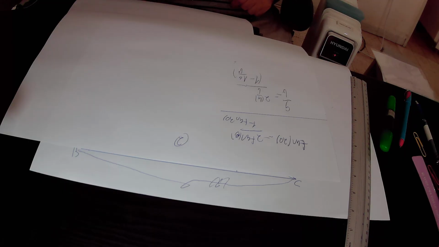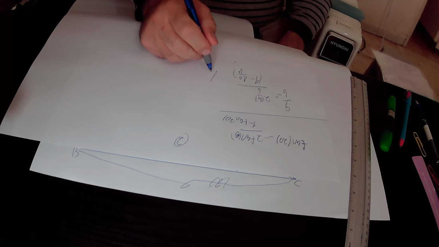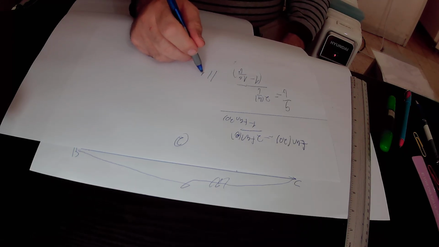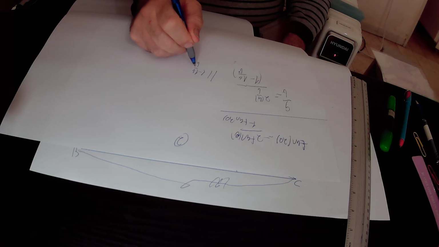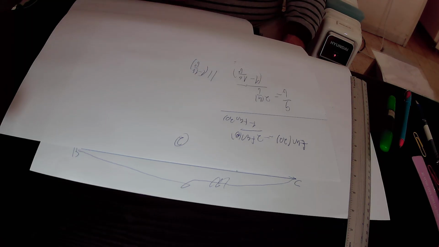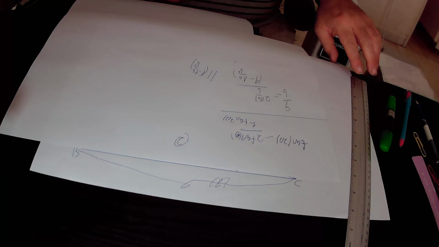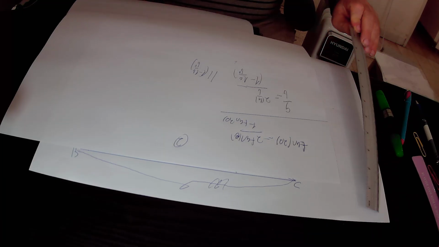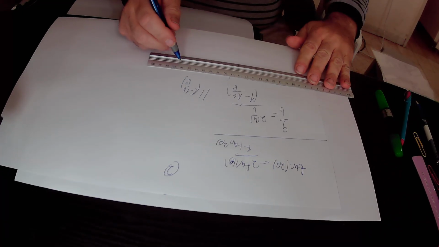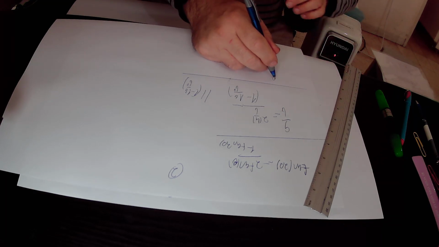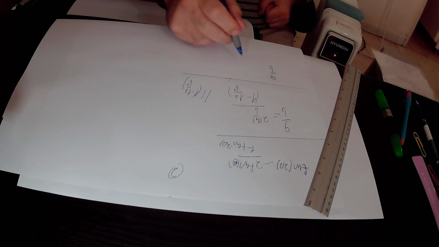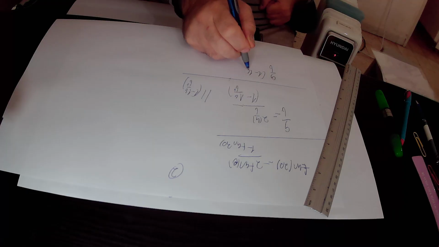So here, we multiply this equation by 1 minus 16 over b squared. On this side of the equation, we have 9 over b times 1 minus 16 over b squared.